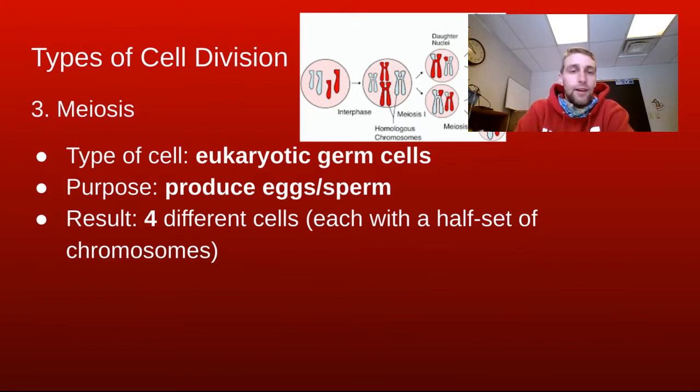You might know that about egg and sperm cells. That's how fertilization works, because each cell has a half set of DNA. So when they combine in fertilization, the resulting zygote or embryo eventually has a full set of DNA. You can see here the original cell started with 4 chromosomes, and each of these 4 daughter cells has 2.